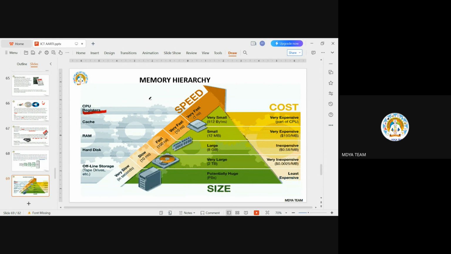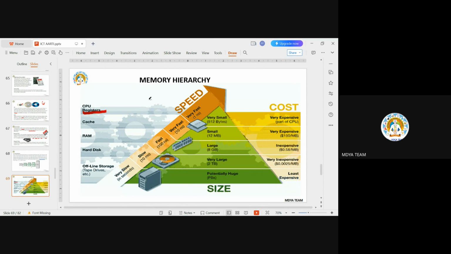Level 3 is placed outside of the CPU but very near to it, and RAM is a little bit away from the CPU, but near to level 3. Then RAM, then hard disk, then other devices.